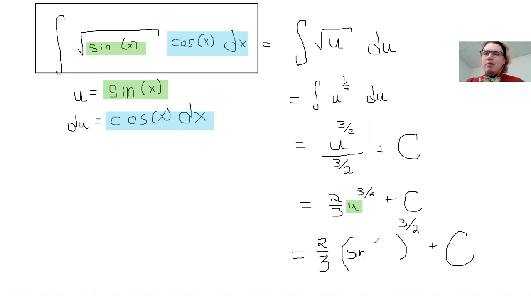So the antiderivative that I've calculated, the indefinite integral of the square root of sine of x all times cosine of x dx, we have calculated that this is equal to 2/3 of the quantity sine of x all to the 3/2 power plus c, the constant of integration. That's how it works.